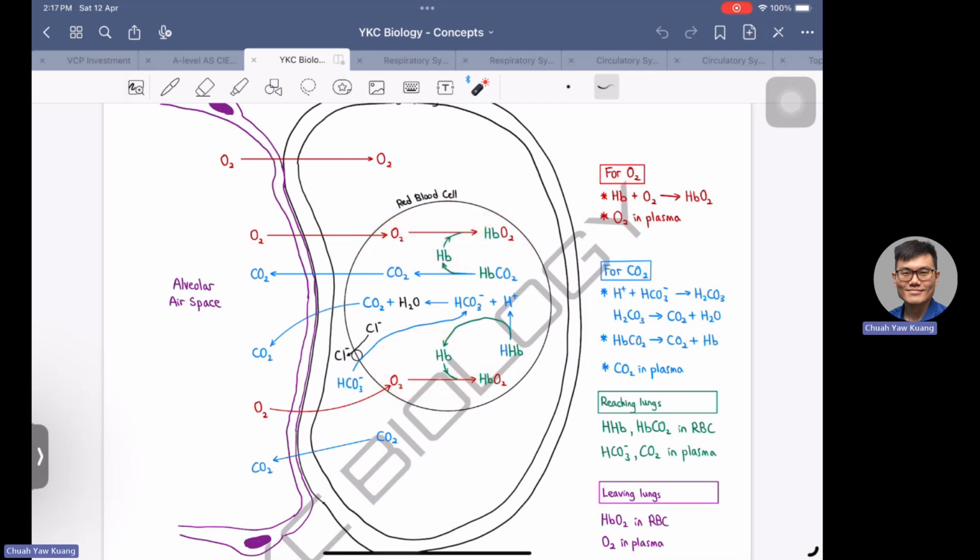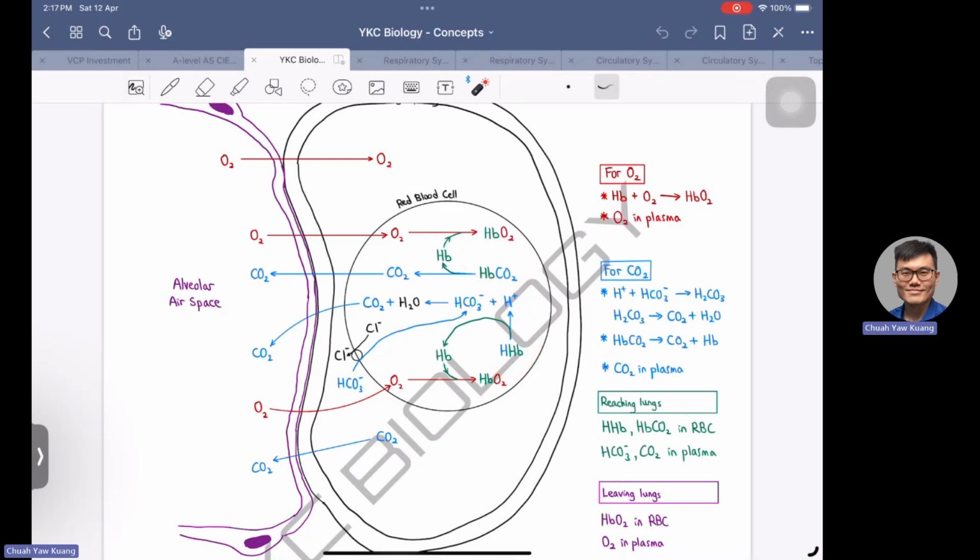As the oxygen binds to the hemoglobin, it can displace the hydrogen and also the carbon dioxide that is bound to the hemoglobin, leading to the dissociation of this HHb, hemoglobinic acid, and also the carbaminohemoglobin.